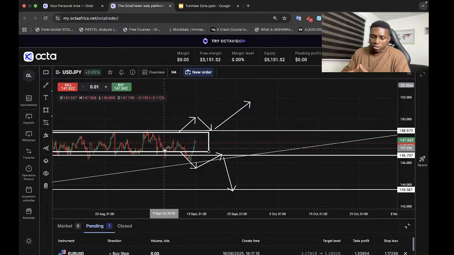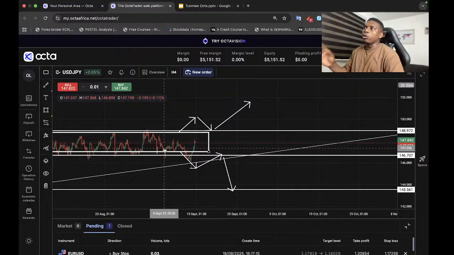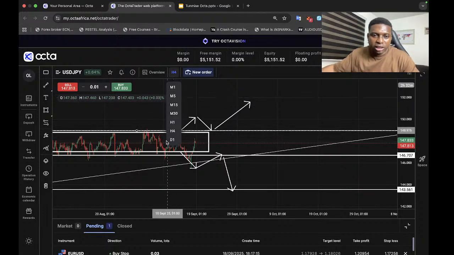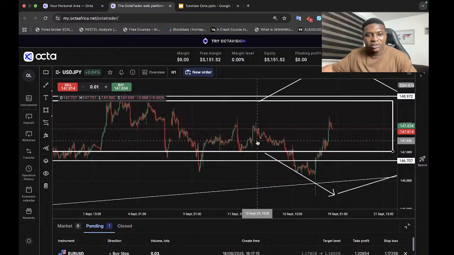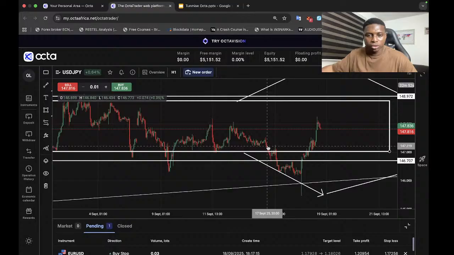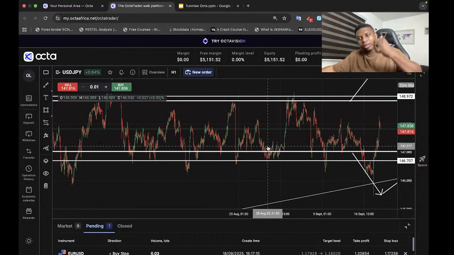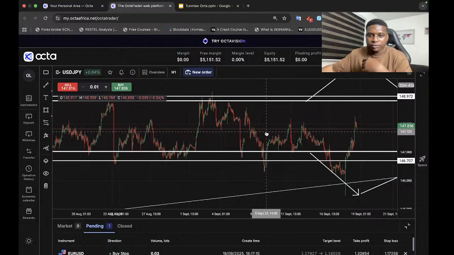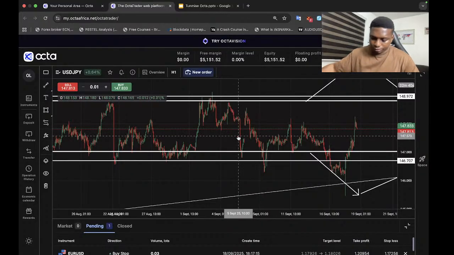So for USD JPY, I would stay neutral. If you look at it from the 1 hour time frame, you can even see that there is so much noise in that consolidation. So in this market, I prefer to stay neutral.